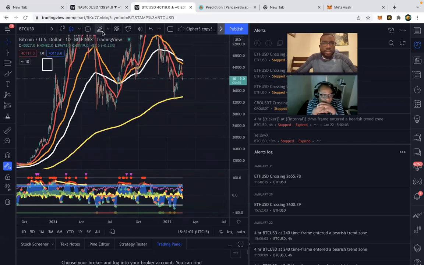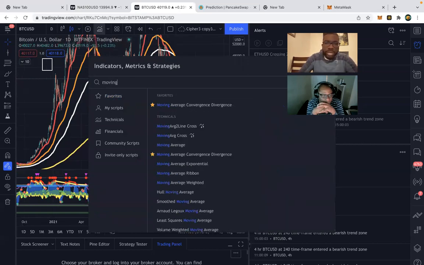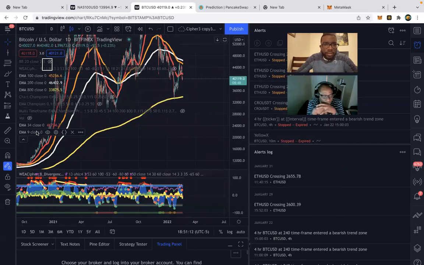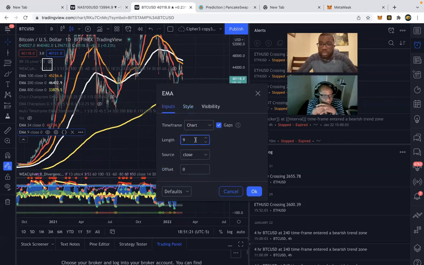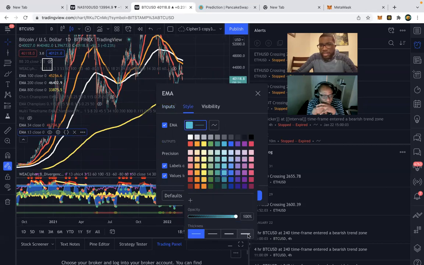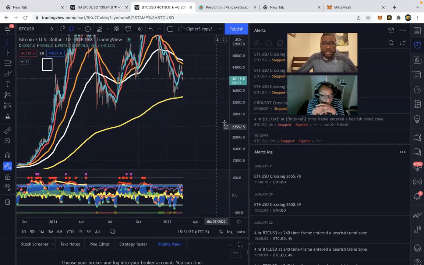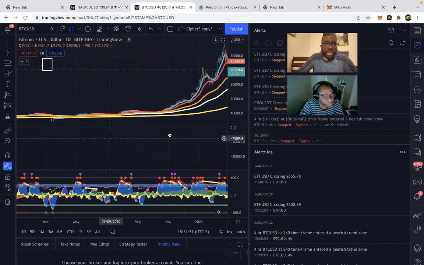I used to have the EMA 13 on here because it's a Fibonacci number. I don't want too much noise, because I have a lot of noise in my charts, but I want to win my trades. 13-day EMA, right?